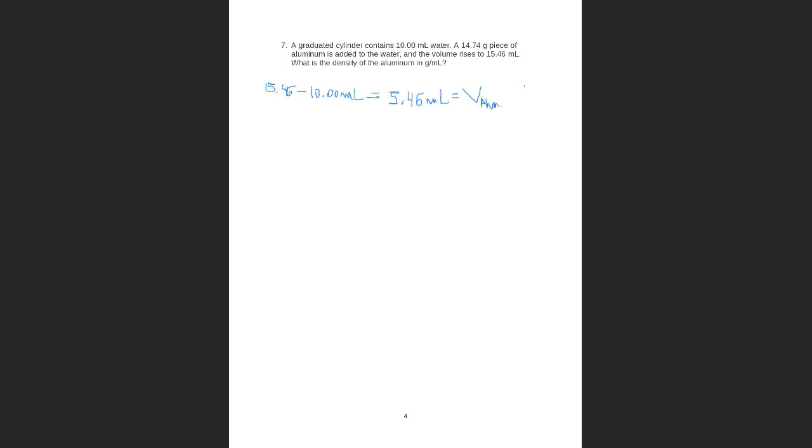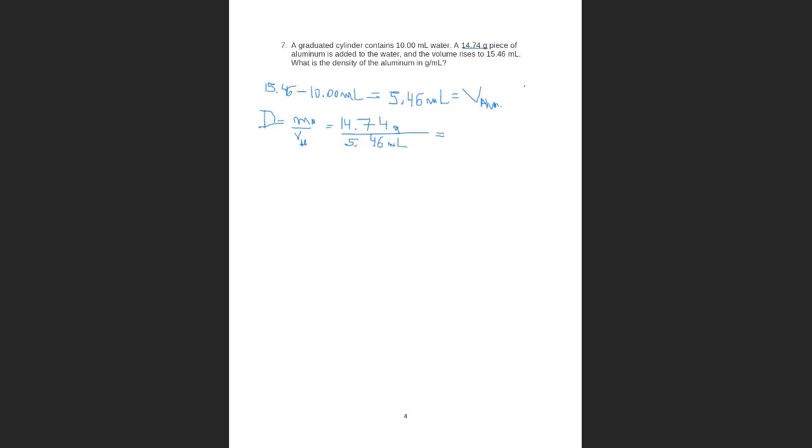And they ask you for the density of the aluminum. And the density is the mass divided by volume. The mass of the aluminum divided by the volume. Mm-hmm. The mass they are giving us, 14.74 grams, divided by 5.46.